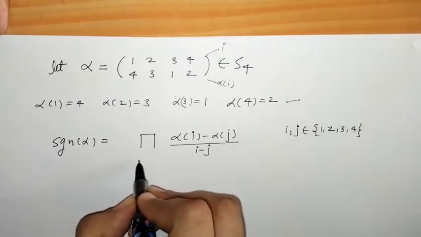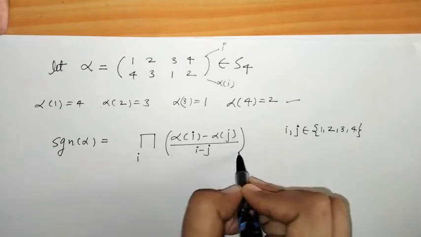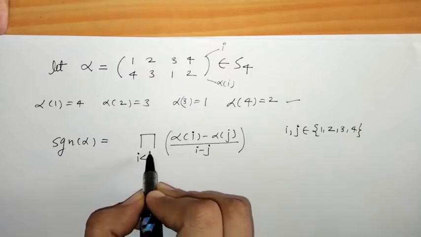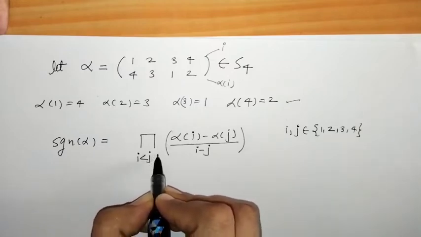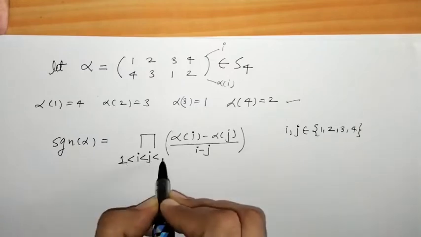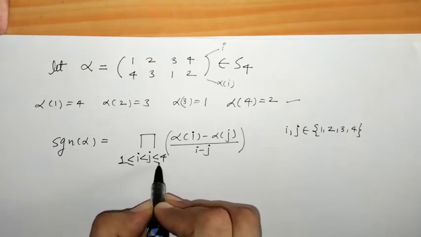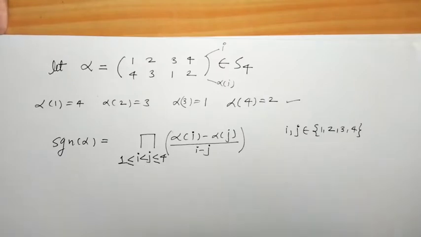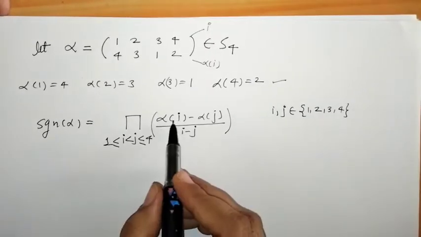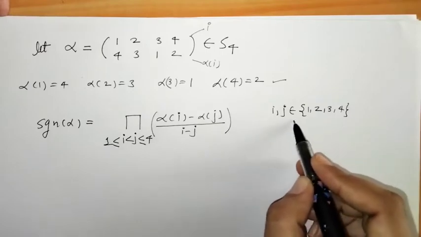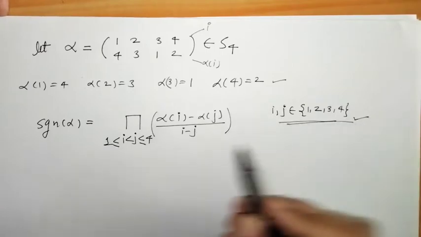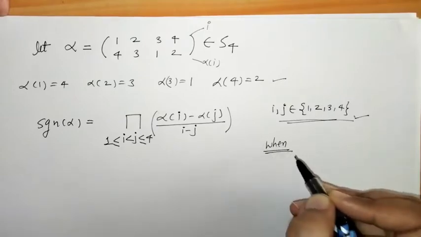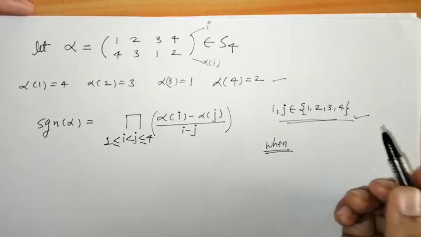Yes, and this product here is over the values of i, j which lie between 1 and 4, right? And i is strictly less than j, right? So we have to put here various values of i, j which belong to this set and satisfy this condition, right? That means here we get various pairs of i and j, right?